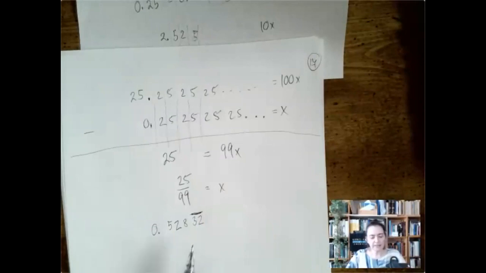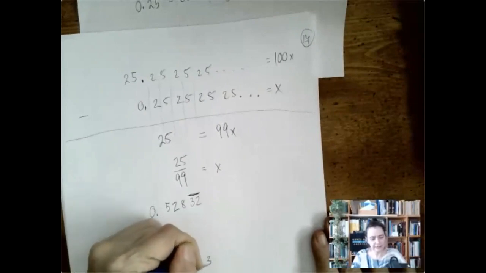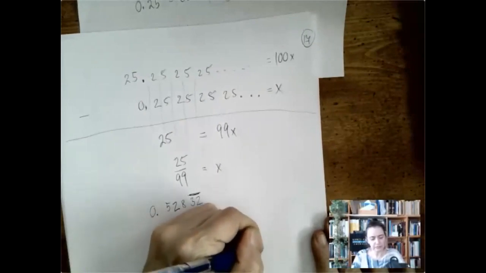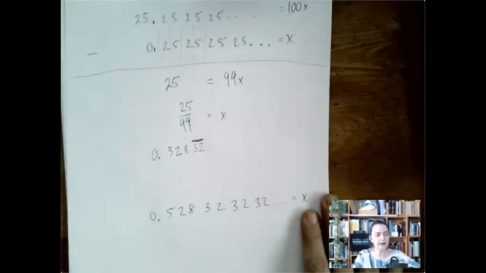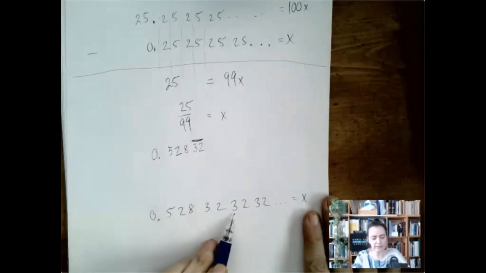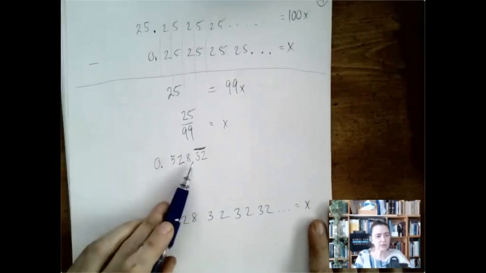So if you look at the repeating block, this thing is 0.52832323232... When you multiply this by a power of 10, you want a 2 to be promoted, not here, but here. So again, 100 will do. It's basically how many digits long is your repeating block?